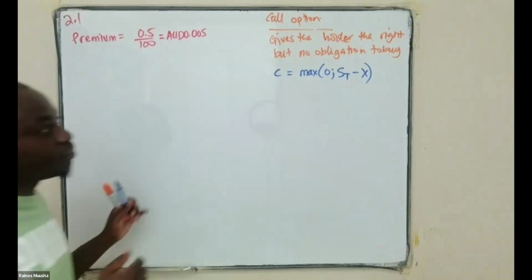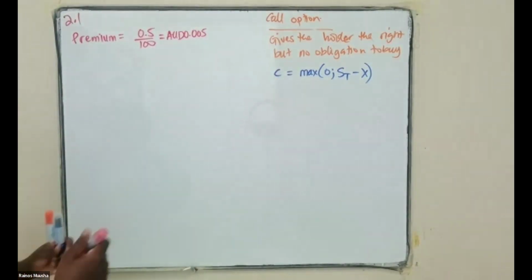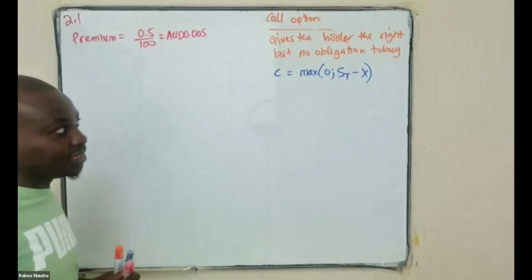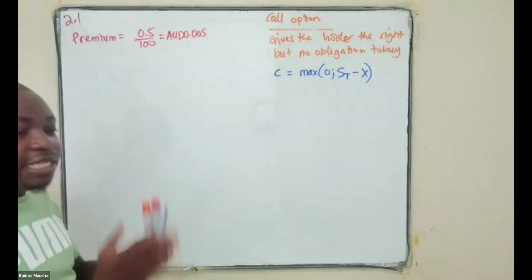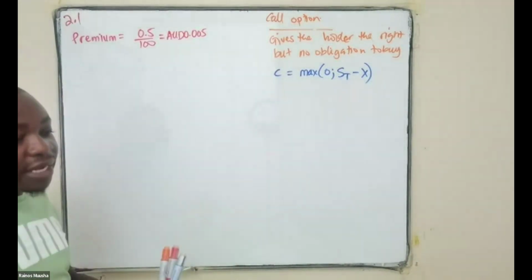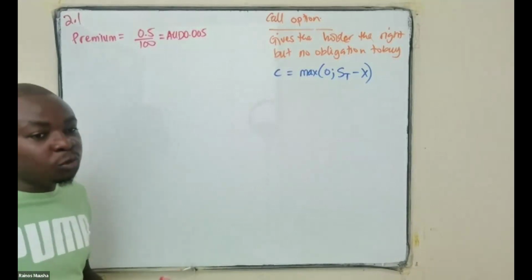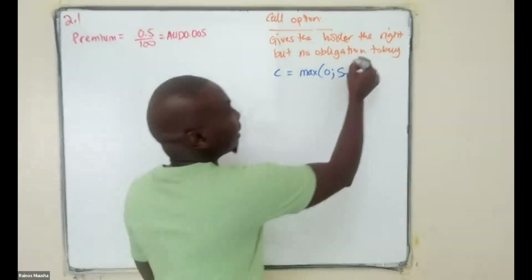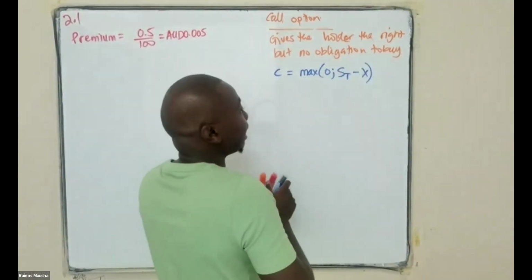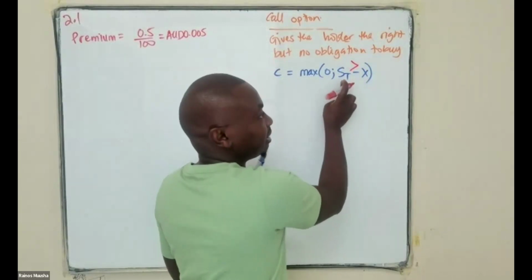Now, what do we see from this relationship? Remember you have the right but no obligation to buy, isn't it? So it's either you buy in the market or you buy according to the contract. So when are you going to buy according to the contract? You buy according to the contract when the price in the market is higher than the contract price. Because remember, this is the contract price and this is the price in the market.